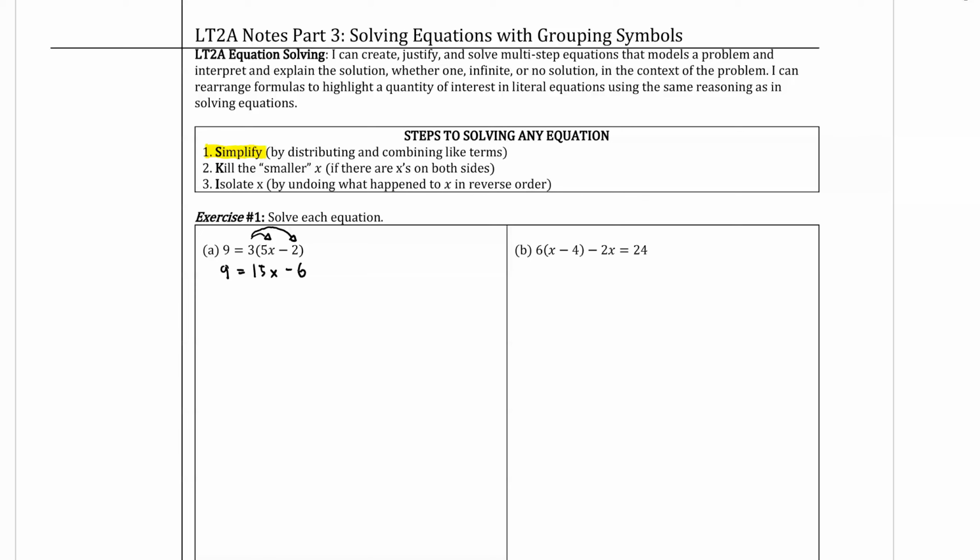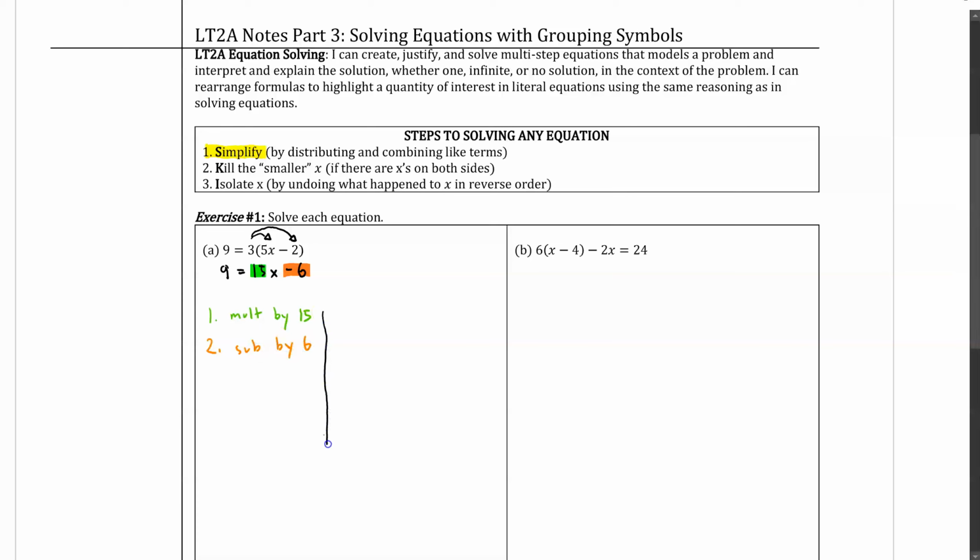Now from here, the problem is exactly like the previous video. Note that if I want to write out the operations, first we have this multiplication by 15. And then secondly, we have this subtraction by 6. So for us, we want to undo.